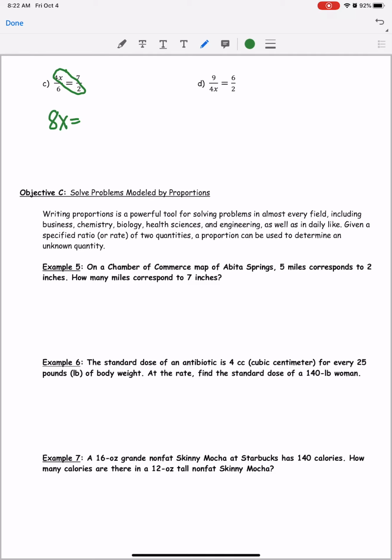And then 6 times 7, cross multiply the other way, gives me 42. Okay, now divide both sides by your 8. And this one, we get 5.25.